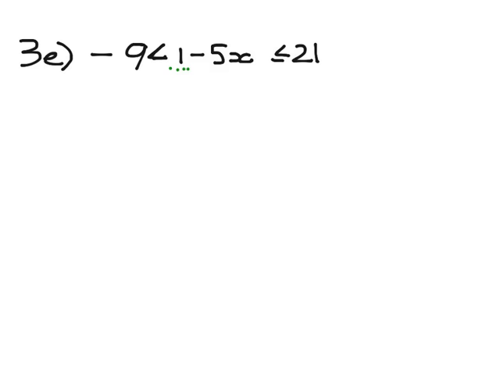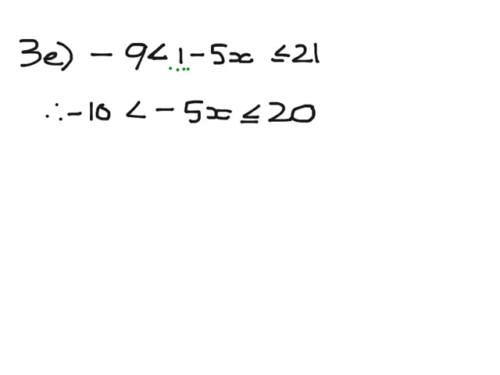Everywhere. Minus 9 minus 1 is? Minus 10. Less than minus 5x. Less than or equal to? Calculator. 21 minus 1 is 20. Good. Tell us, Sophie, what we're going to do now?